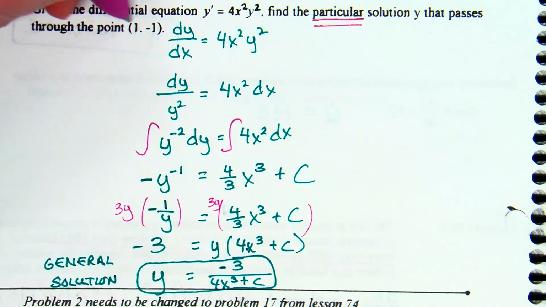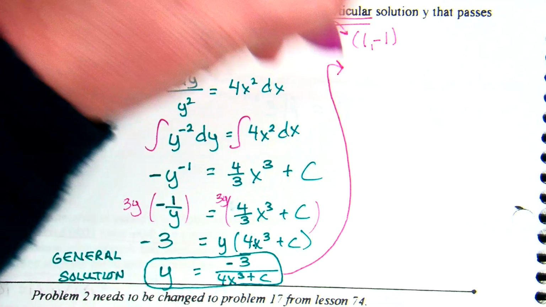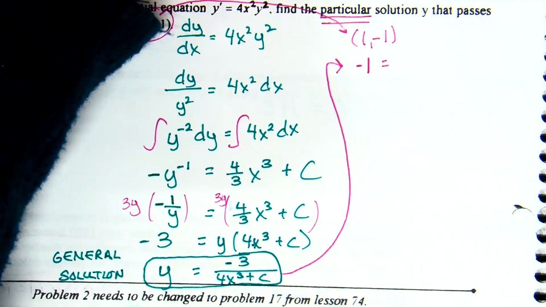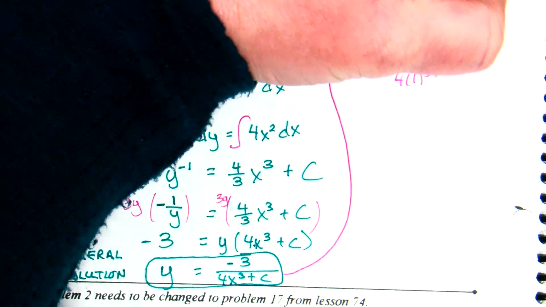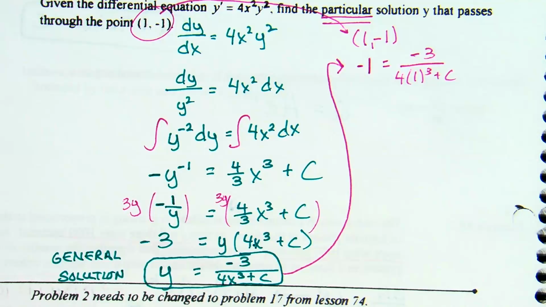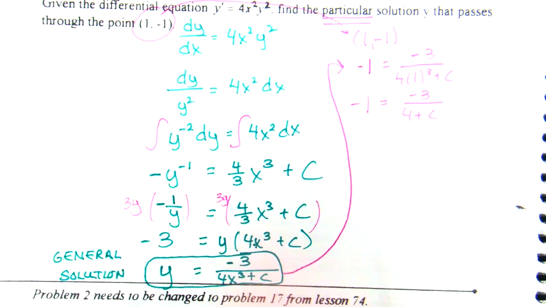Yeah, now we're using the (1, -1). So -1 equals -3 over 4 times 1 cubed plus c. -1 equals -3 over 4 plus c.